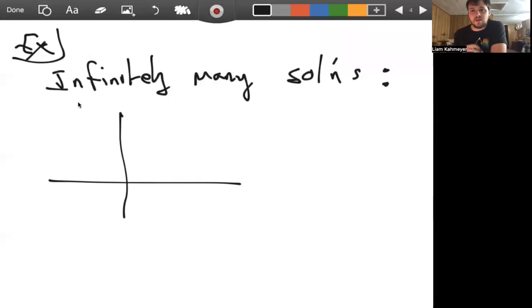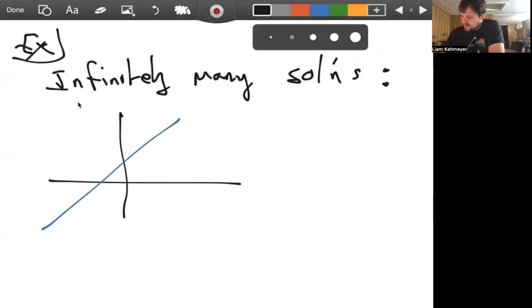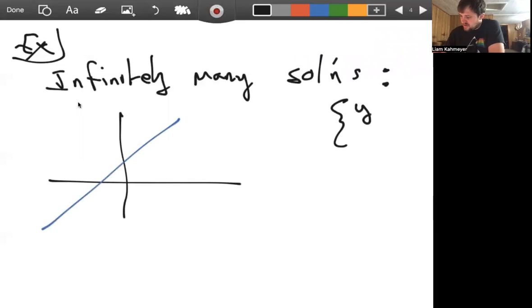Some examples of when this would be the case. Well, if you had a system of equations, let's say the equations y equals f of x and y equals g of x.